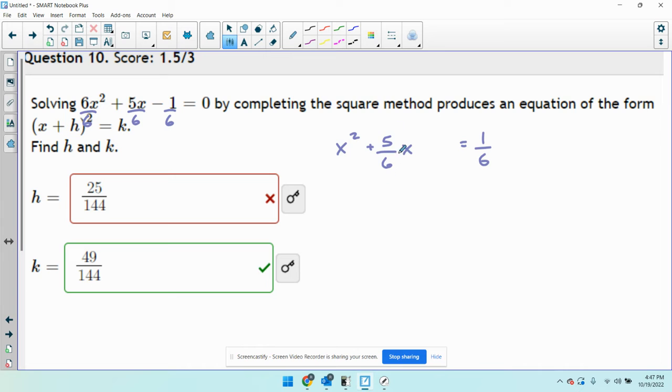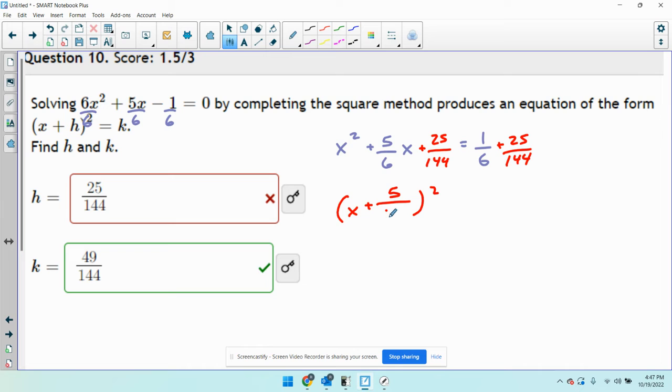I divide this by 2, and that's 5/12. And I square it and add to both sides. So I get 25 over 144 plus 25 over 144. But that's not the value that I get when I factor it. When I factor it, I get two numbers that multiply to give me that.